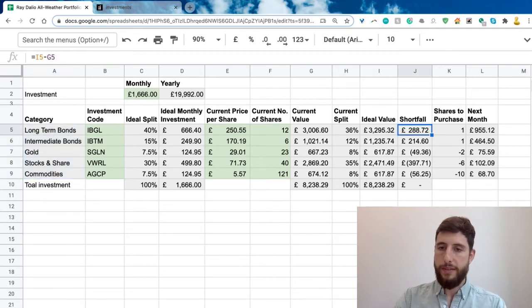So if we want to be investing £288, and the share price is £250, we're effectively going to be able to buy one share for £250 or two shares for £500. Well, if we buy two shares, that's way over what we want to be buying. If we buy one, it's slightly less.